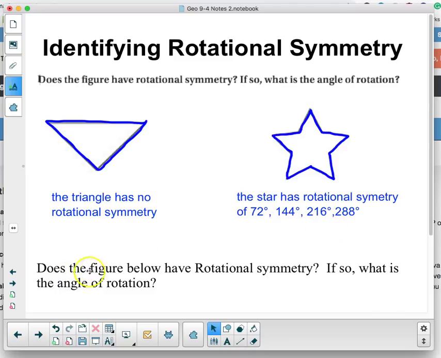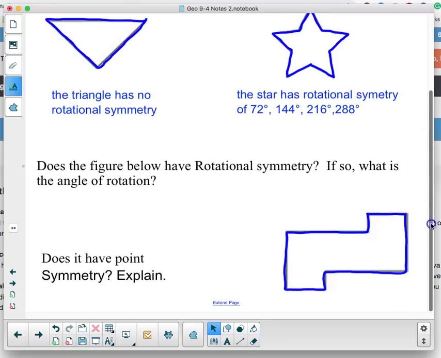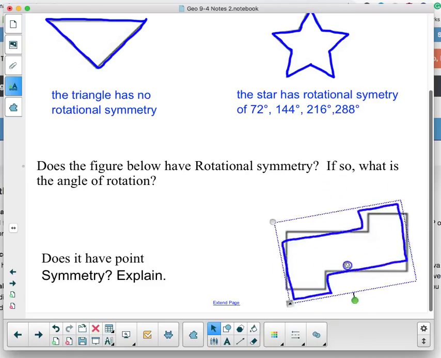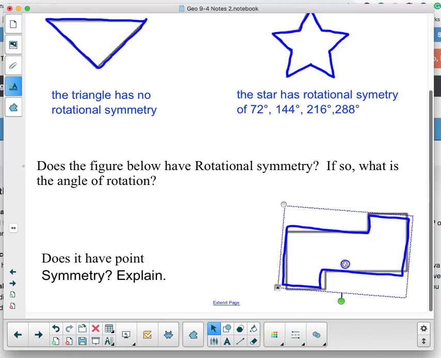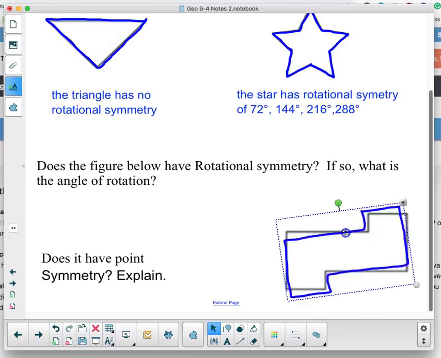Okay. Now, does the figure below have rotational symmetry? If so, what's the angle of rotation? So does this thing have rotational symmetry? We gotta think, does it come back to itself? It kind of does. It comes back to itself.